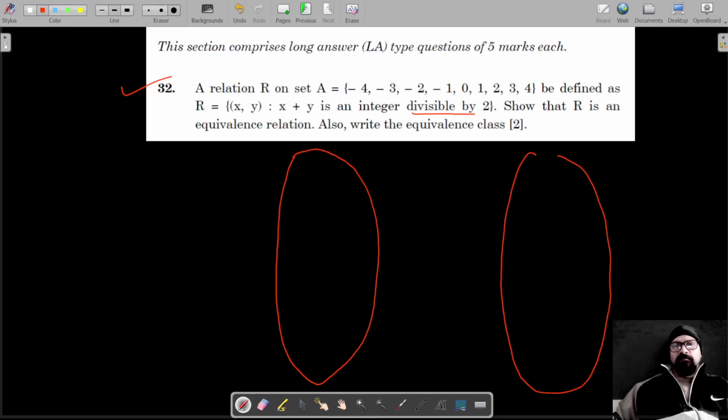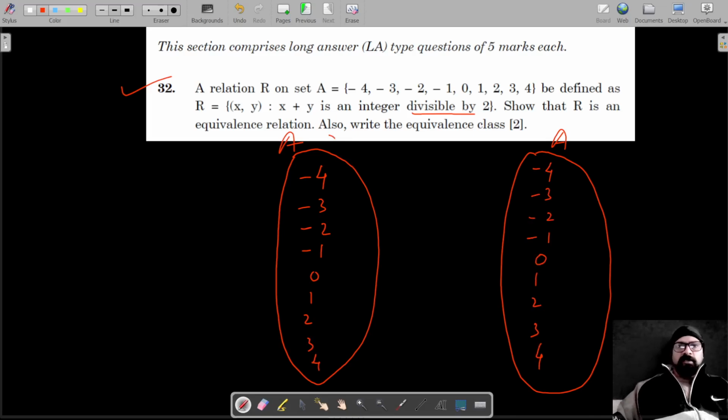So the relation is defined from set A to A, and set A has elements minus 4, minus 3, minus 2, minus 1, 0, 1, 2, 3, 4. Similarly here, and this is x and this is y.